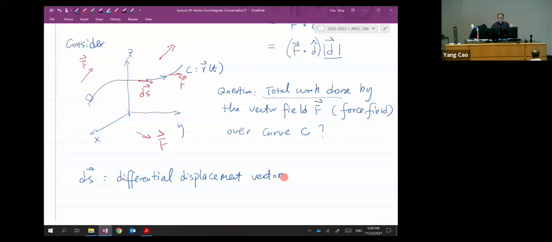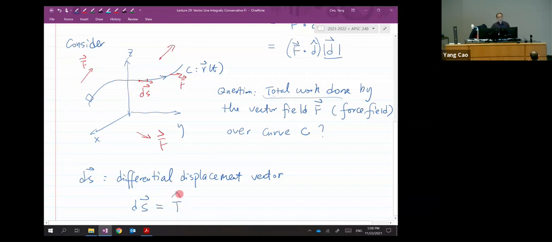Displacement is a vector, right? You go in this direction, how much you go and what direction you're going, that's a displacement vector. This time we're defining it as a differential displacement vector. Every vector has two components, direction and magnitude. So this ds has two components.